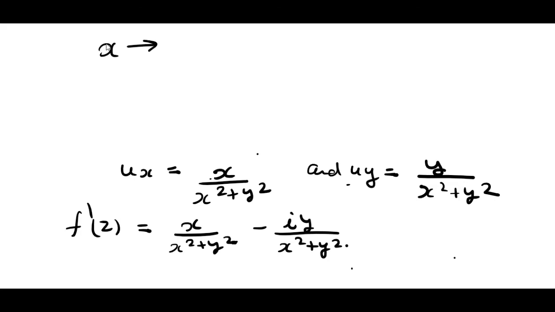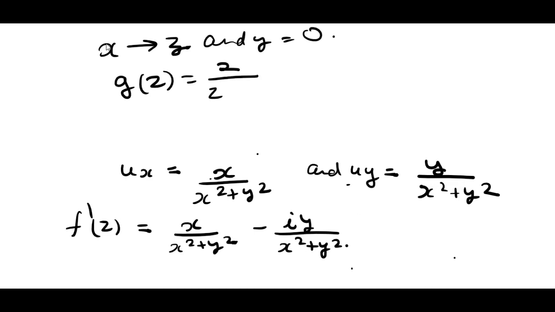Now we are going to replace x by z and y by 0. So g(z) is equal to z upon z square plus, obviously 0, so we are going to ignore this, and this minus i, this is again 0, so the whole thing will be 0.